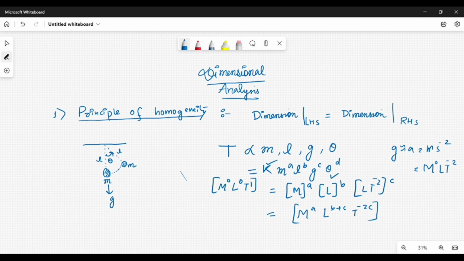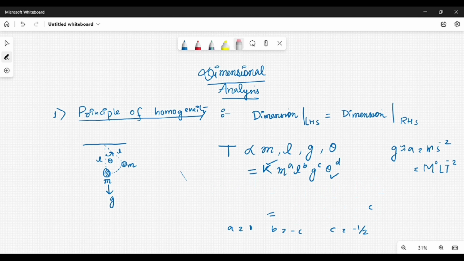After comparing the dimensions of LHS and RHS, you can see that a is equal to 0, b is equal to minus c, and c is equal to minus half. So as a whole, if I put them all together in this equation, what shall I get?